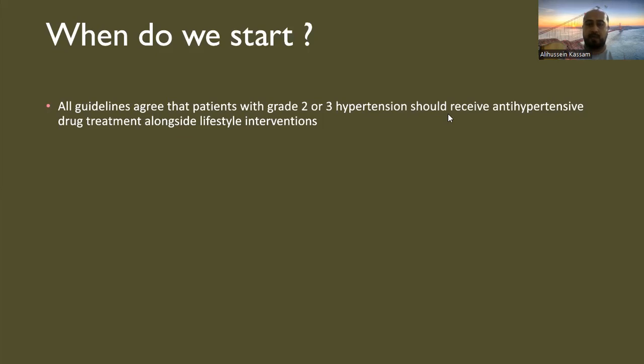Lifestyle modifications, on the other hand, go to all patients, and this shouldn't be only for hypertensive patients, but a routine to tell all patients that they require lifestyle modifications.